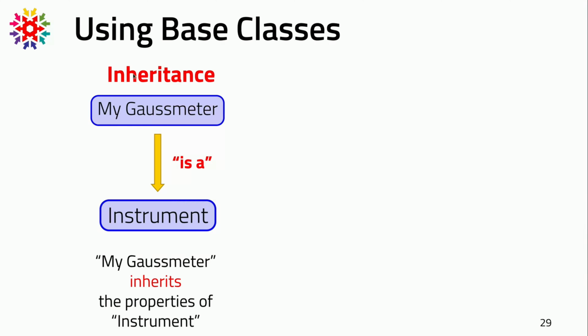One of them is inheritance. As we see here, we can have a general class such as instrument, and then we can describe some properties in this class, and then we can create a subclass that is inheriting from this one. In this case, I generated here my Gauss meter, which can be an instrument that I have in my lab. And so this one is inheriting from the instrument, and so it will have all the properties already included in instrument plus the ones that I am specifying.